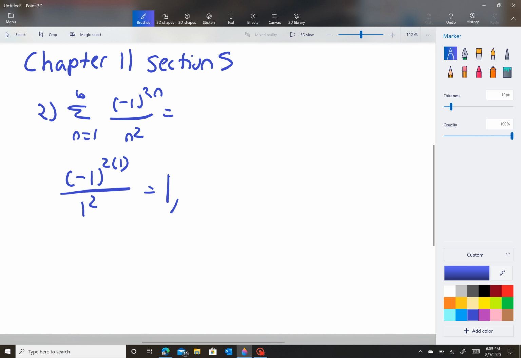Okay, we're allowed to have that as our first term, but now we have to make sure that our second term is going to be negative. So I go ahead and plug in 2. 2 over 2 squared, which is going to give me 1/4. But once again, it's not negative. So because of this, it is false, you cannot use the alternating series test here.